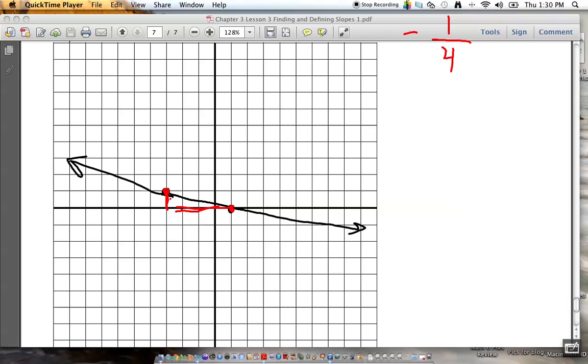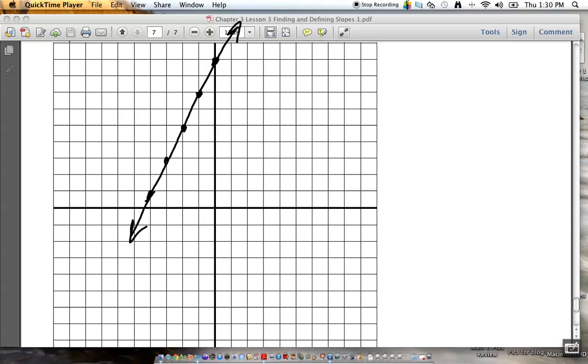Now the second question looks like this. Now I need to do the change again. When we do a slope, it's always written like a fraction, okay?